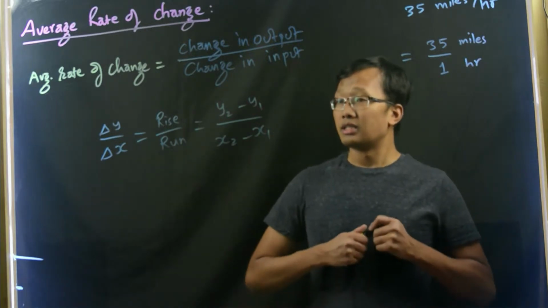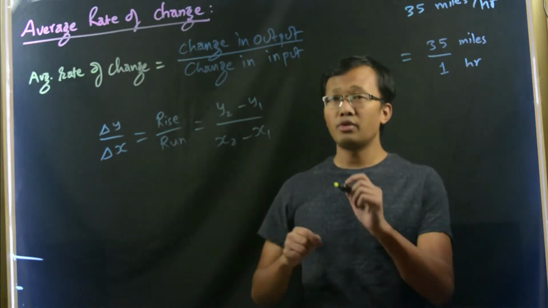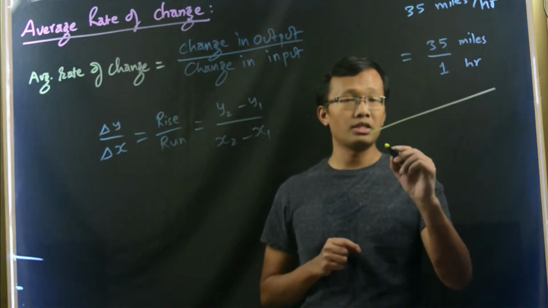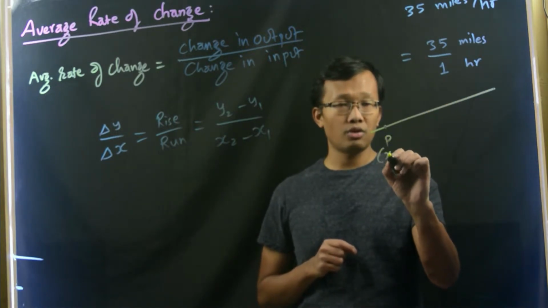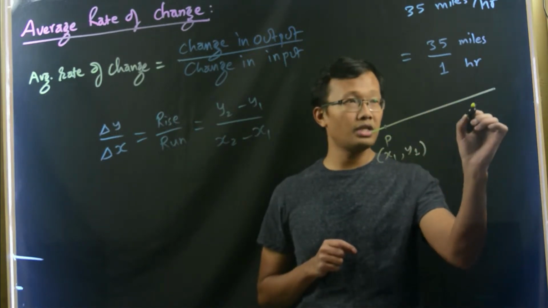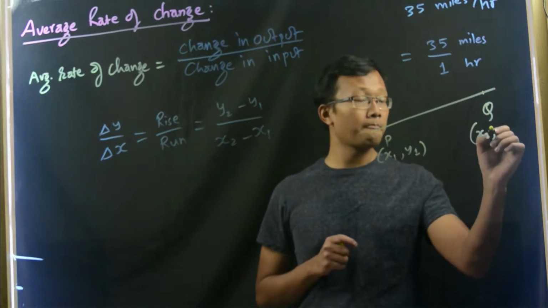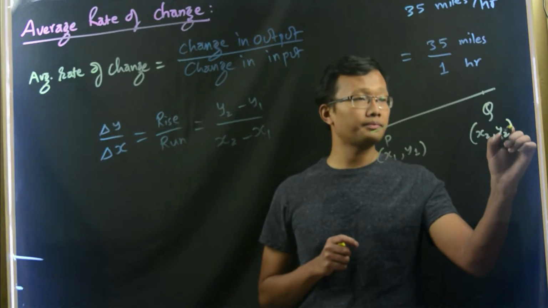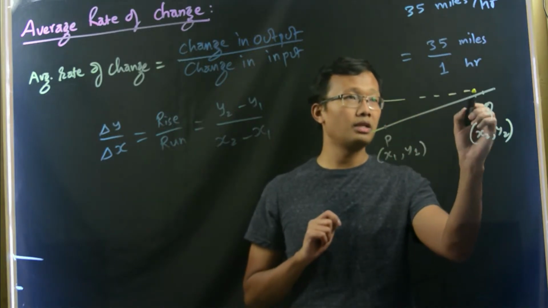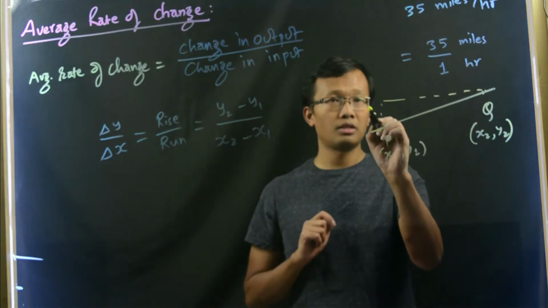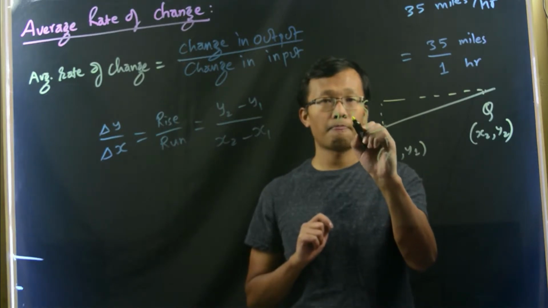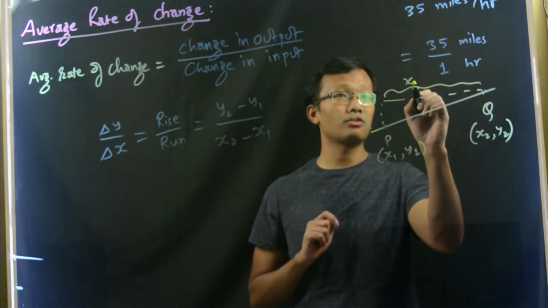Now this comes into play whenever we have a situation like this. Let's suppose P with coordinates x1, y1 is the first point and Q has coordinates x2, y2. So this distance is y2 minus y1 and this distance is x2 minus x1.